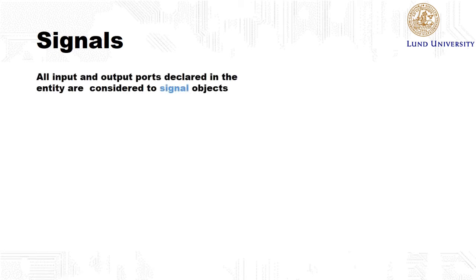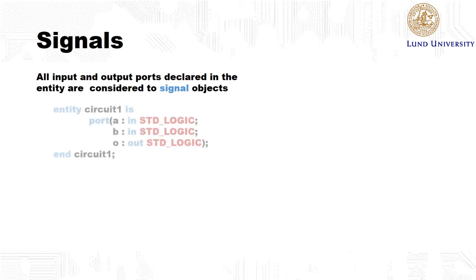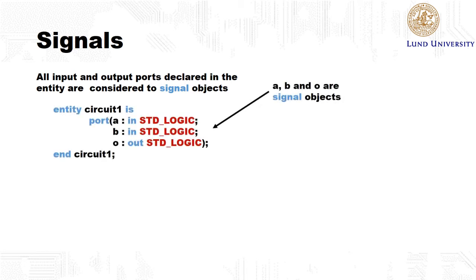We will take a closer look at the two objects, signal and constant, and we start with the signal. So first, everything that you specify under the entity part of your VHDL description will be of the type signal. So A, B and O will all three be of the type signal. Also remember that we specify the direction in the entity part.